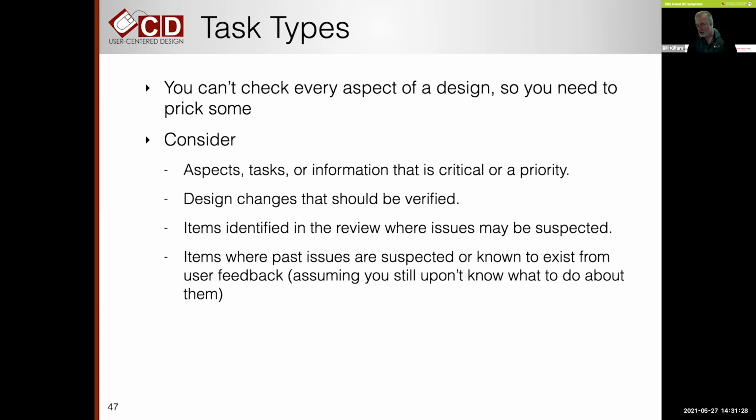If there are things identified by the team, help desk, whatever, that says we get reports about this, obviously it's something you're going to explore. Now, back to this idea of quantitative versus qualitative evaluation. If we were doing a quantitative evaluation and we had a series of tasks, we either have to completely randomize those tasks, or we have to run those tasks exactly the same way for every single person in order for us to draw an accurate or valid conclusion.